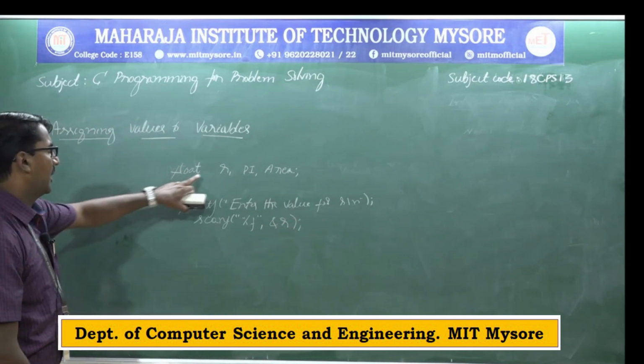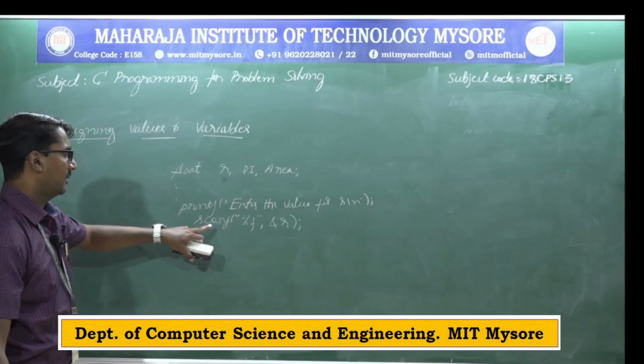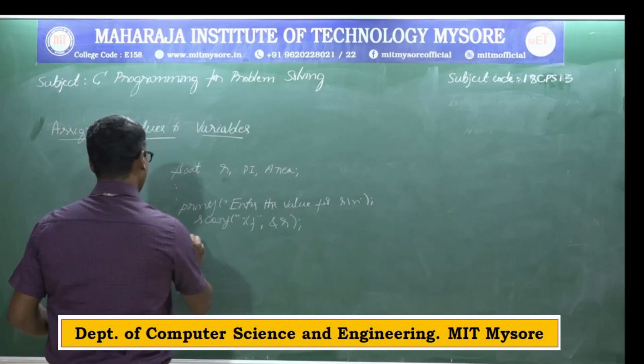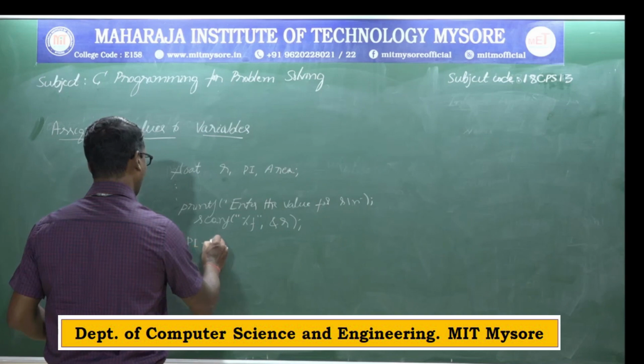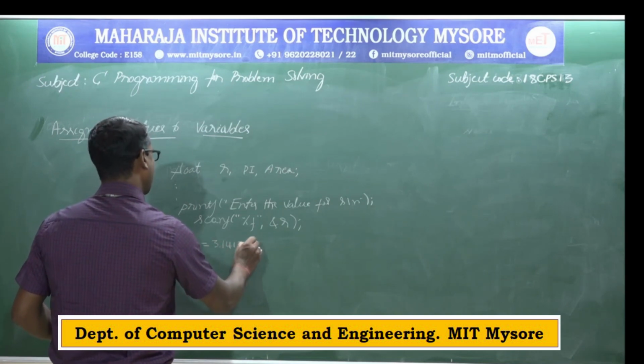Now I have declared three variables r, pi and area. Now here I have read the value for the variable r. Then here I will initialize the value, that is pi is equal to 3.1417.